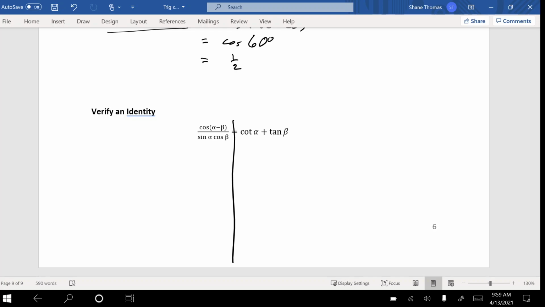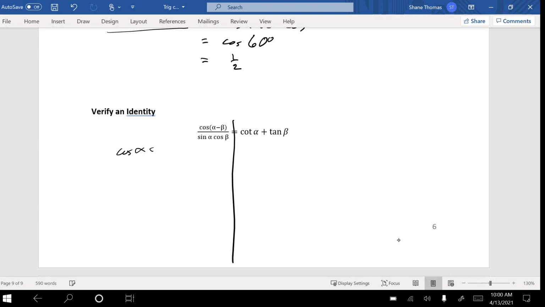So let's deal with this left side. Now, first off, the top of the left one. It says cosine of alpha minus beta. Well, isn't that the first half of our formula we just talked about? Yeah, it is. All right. So let's rewrite it.